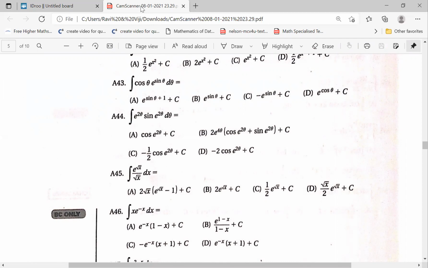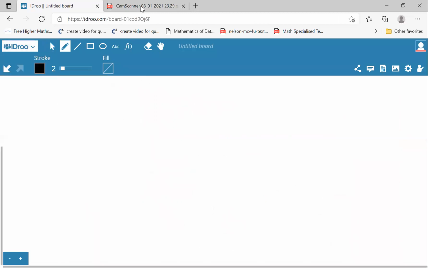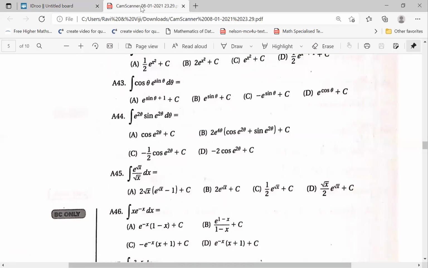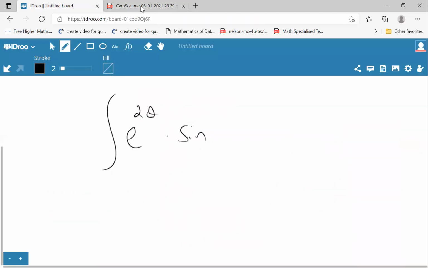Now coming to the 44th one, integration of e to the power of 2 theta sine e to the power of 2 theta d theta.